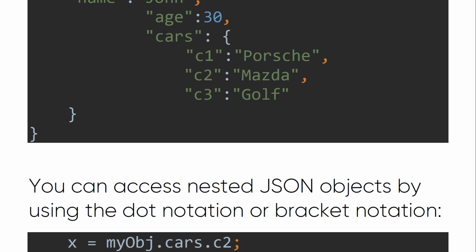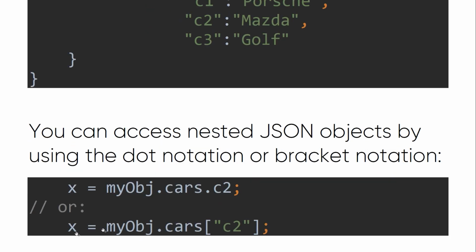In order to access c2, we put myObject.cars and we specify c2 in order to get Mazda. Or in the same way, we can access it by brackets: myObject.cars and brackets c2 inside the brackets.